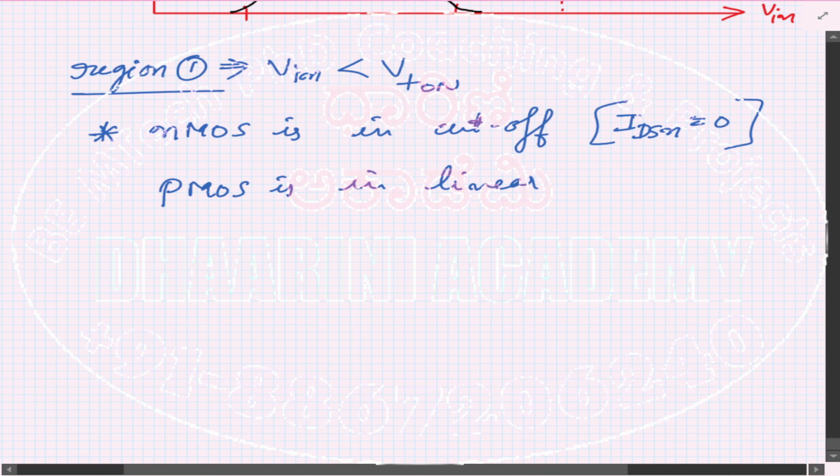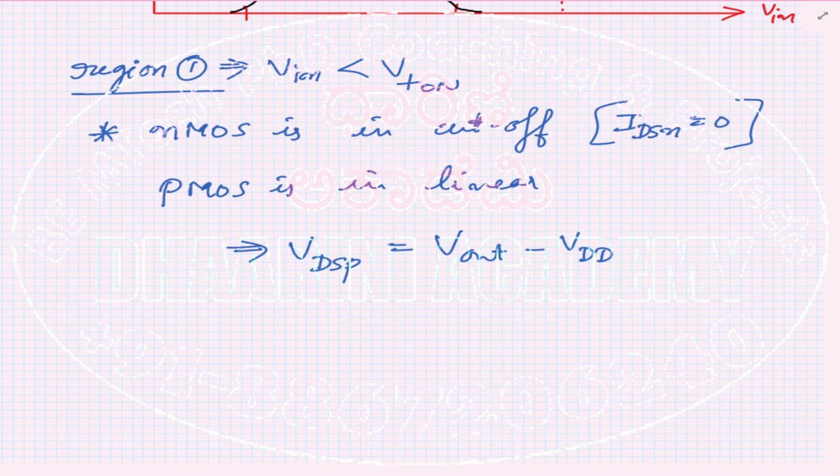Because of this, you can simply say that VDSP is equal to Vout minus VDD.